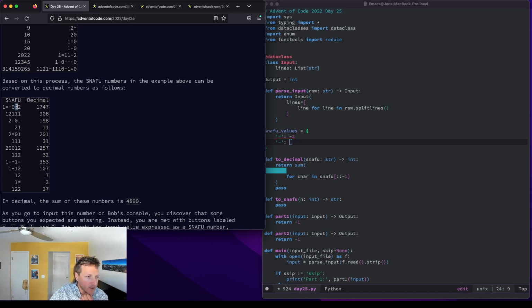Carry a 1, it's a minus and 1, which would equal 1. 0, 1, 1, minus and 2 is 1. Double equal and 1 would be minus, and then 1 carries.